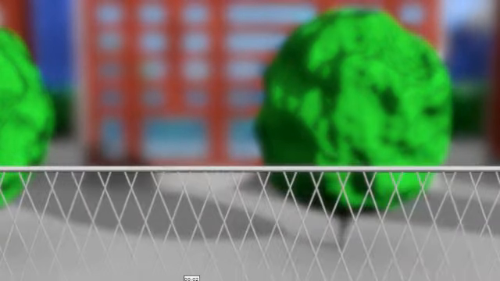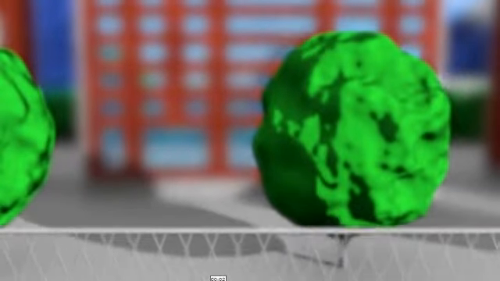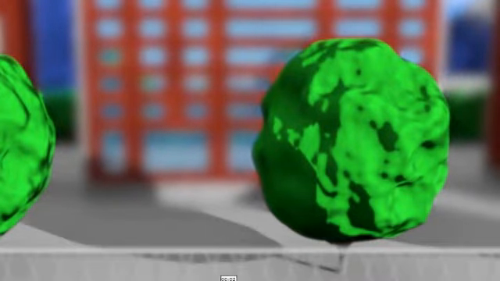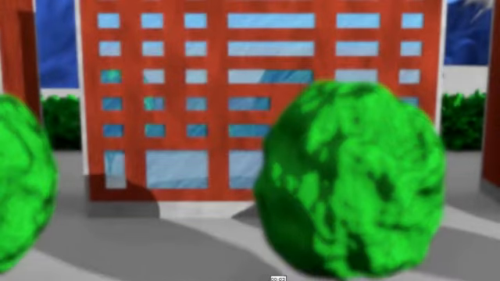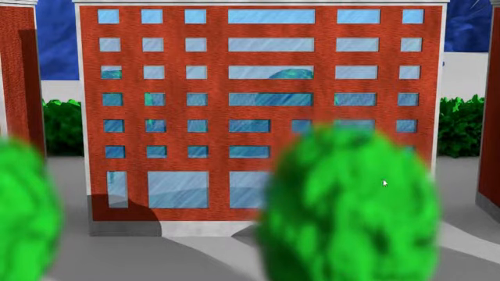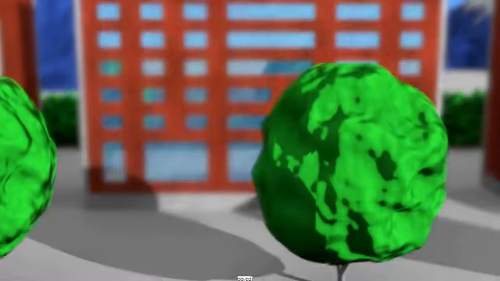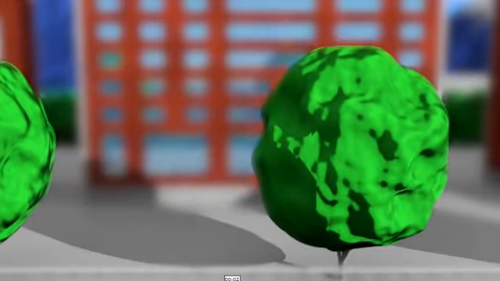So there's no cheating here. The fence goes out of focus as the tree comes into focus, and as the tree goes out of focus, the focus comes in on the building. And you can see we have the nice soft fringe and all that. The same goes for the fence as well. Pay attention to the sharpness of the tree and the fuzziness of the fence over there.